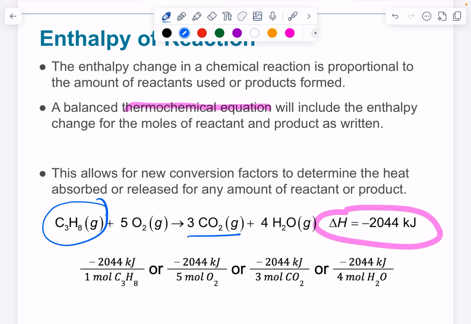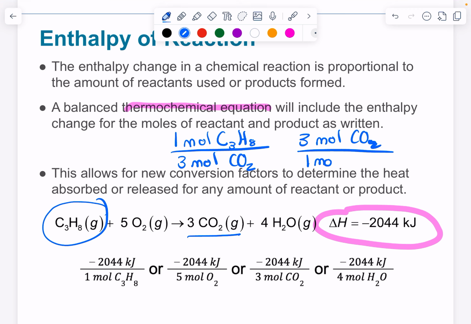But we can think about those as an individual conversion factor, right? We can say 1 mole of propane for every 3 moles of CO2. And we could even flip that if we needed to for using it in a stoichiometry problem, however we needed to use it. Well, the cool thing about enthalpy is that we can use it in the same way.